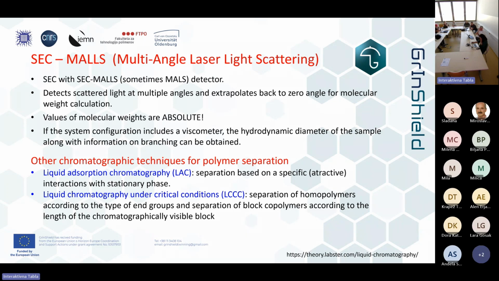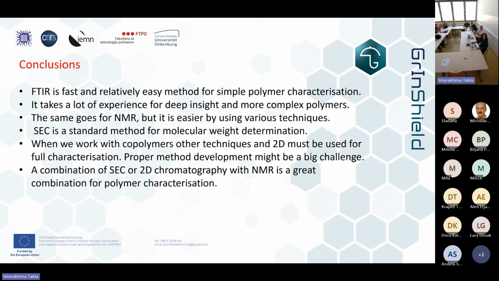And liquid chromatography under critical conditions separates homopolymers according to the type of the end groups. This can also be very important sometimes, for recycling and for polyurethanes, for example.